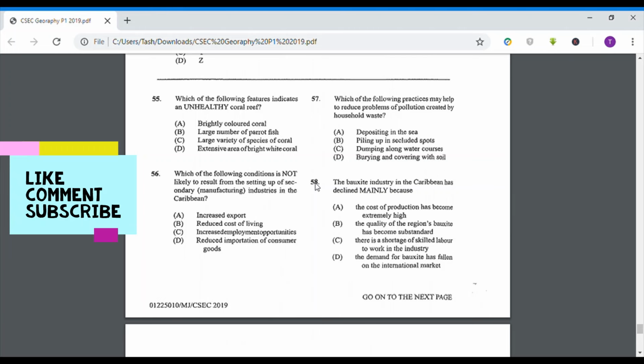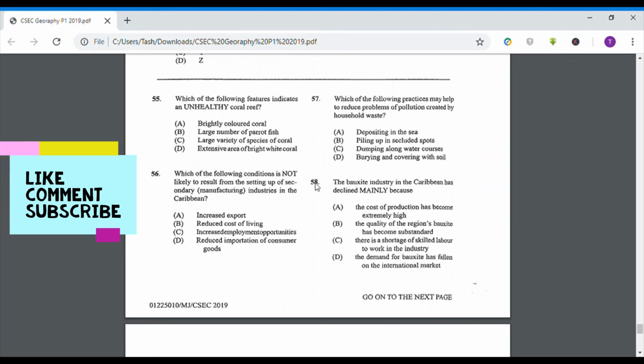For number 57, which of the following practices may help to reduce problems of pollution created by household waste? A, depositing in the sea, piling up in secluded spots, dumping along watercourses. D, burying and covering with soil. The answer for this one is D, burying and covering with soil.